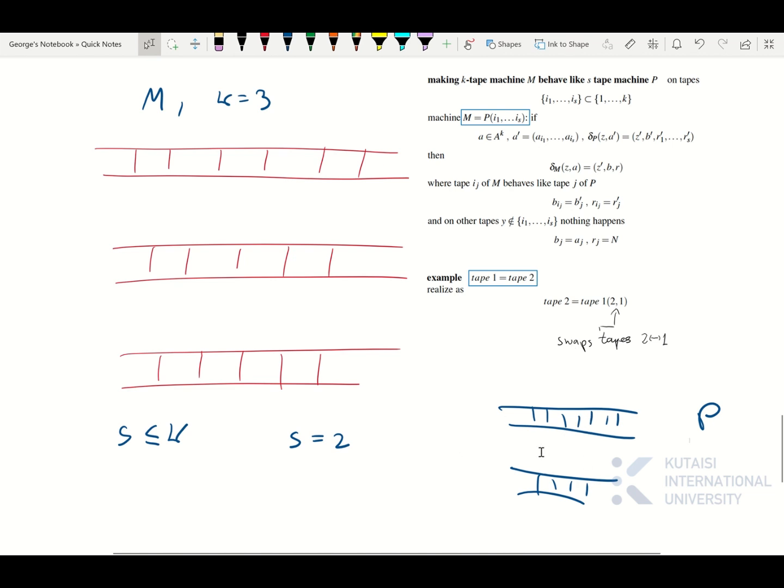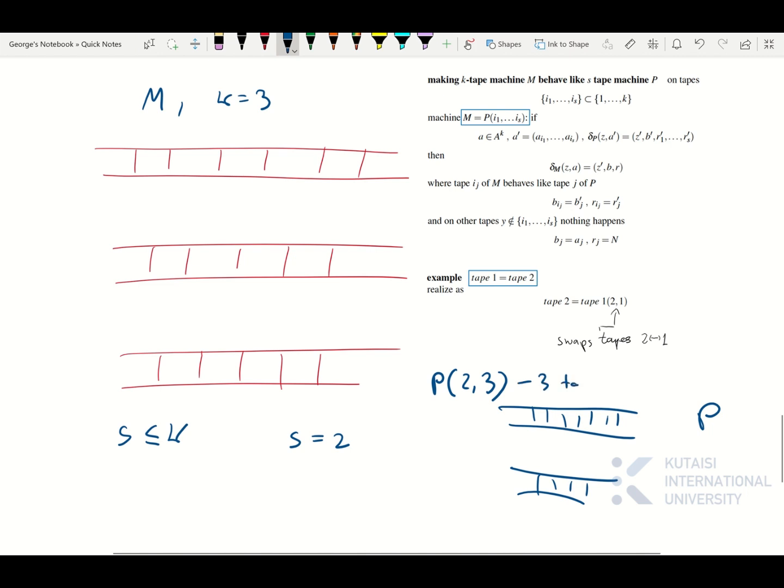And what I want to do is create a 3-tape machine that I will call P, let's say, 2, 3. So P23 is a 3-tape Turing machine.